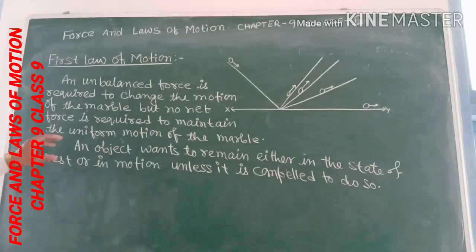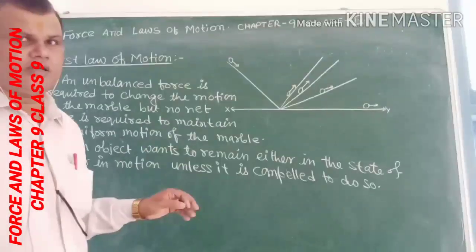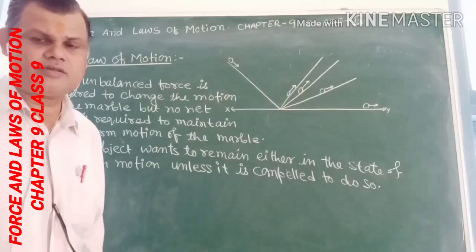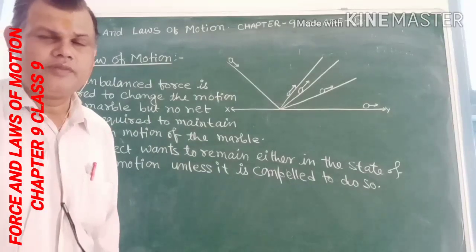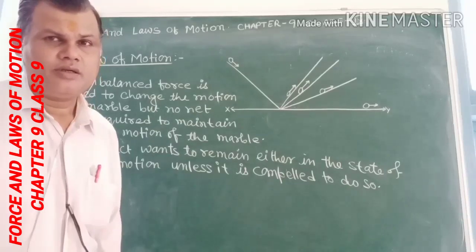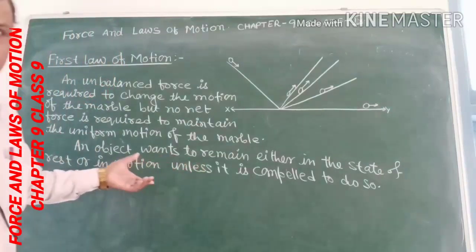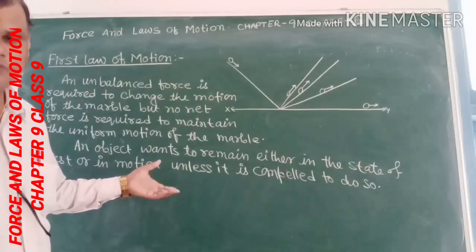An object always tries to remain in the same state, either in the state of rest or in the state of motion. The object does not want to change its state, either of rest or of motion. And this is the first law of motion, we can say.